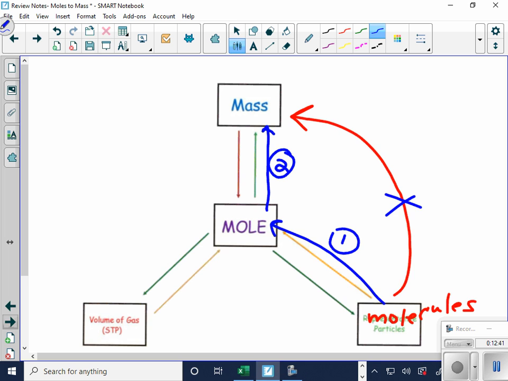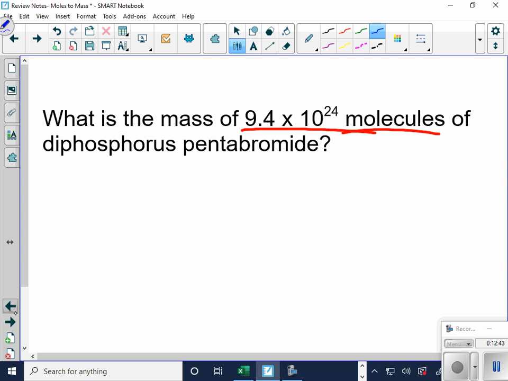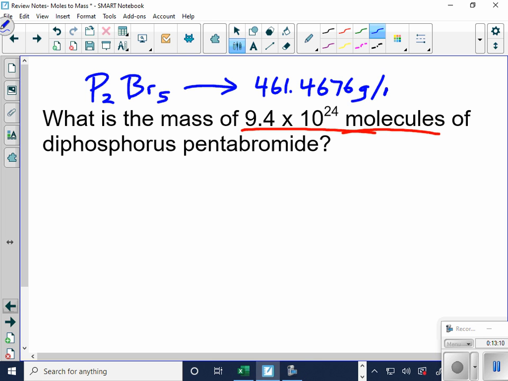So, as I come back here and I look, I am dealing with diphosphorus pentabromide. And as with the other ones, I've already calculated my molar mass of this. It's 461.4676 grams per mole.